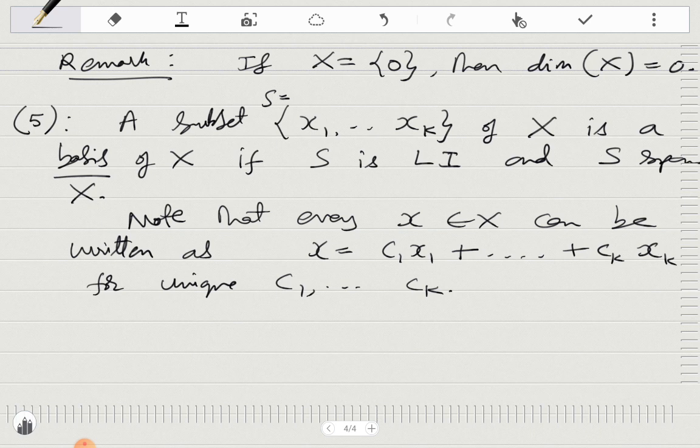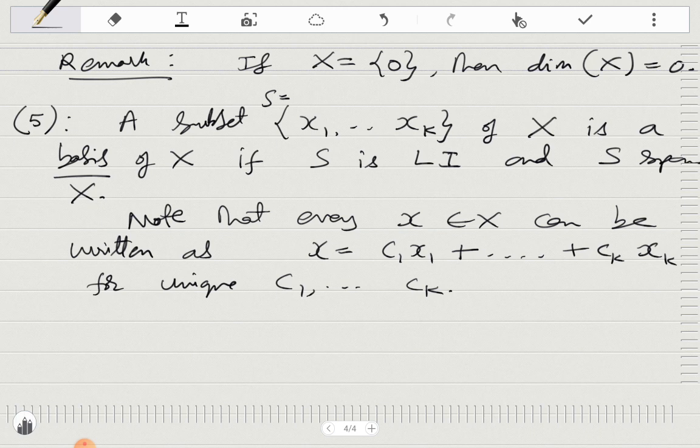Well, since the way we have defined dimension doesn't use a basis, there is the issue of whether this k that occurs in the definition of a basis is a fixed number or not. In other words, can we have another basis which has a number of elements different from k? Of course that cannot happen, and in fact that will be proved shortly.